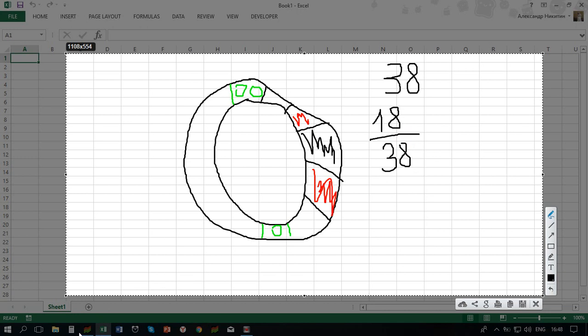Let's do the calculation roughly. It is roughly 47 point something, but it doesn't matter. 47% is your probability to win.